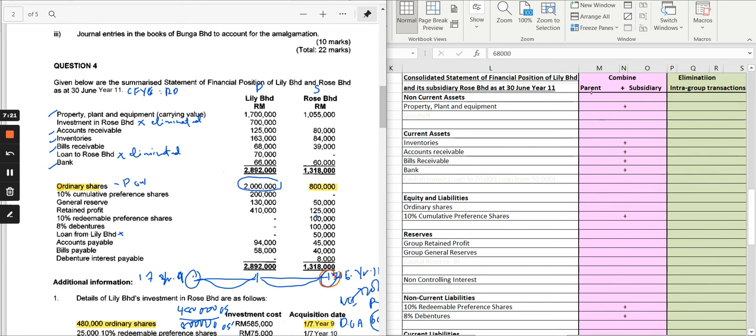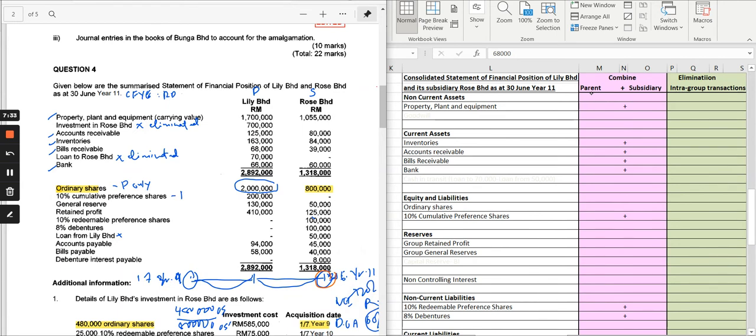For the ordinary shares, you are going to include just the one of the parent only, so I put here P only. Same goes for the 10% cumulative preference shares. These are equity shares, so you are going to include just the one of the parent.